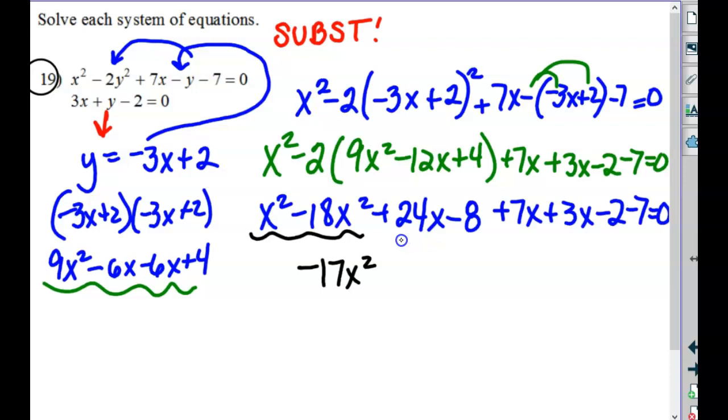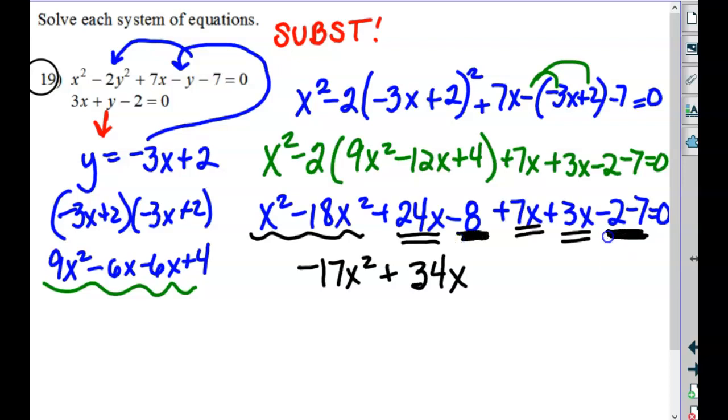Okay, how many x's? I got 34. Okay. And then we have a minus 8.